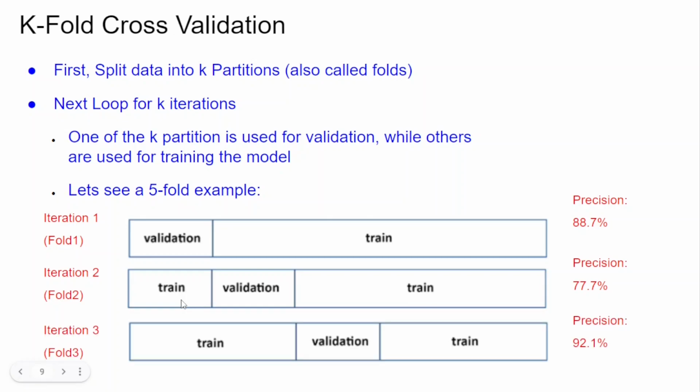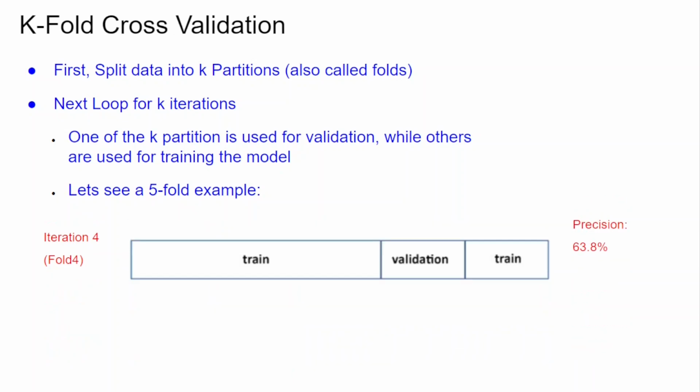The third iteration again uses another fold, using the rest of the data as training and validating on this particular fold. And the precision score I got is 92. So already with just three, we see that things are dancing around: 88.7, 77.7, 92.1.